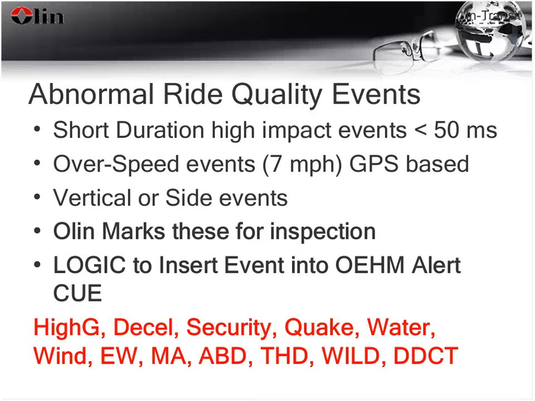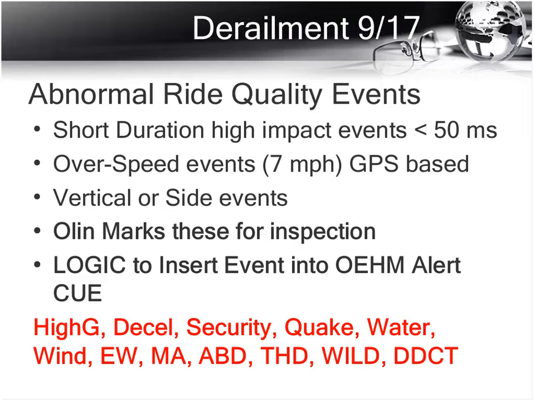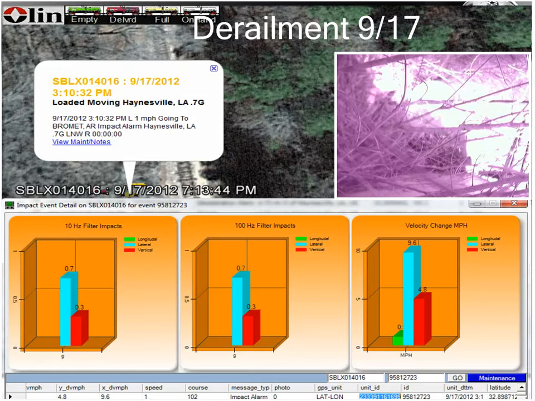And we report all of these alerts back to the loaders when the car gets back into the plant and ask them to inspect. This shows a derailment event that happened back in 2012.